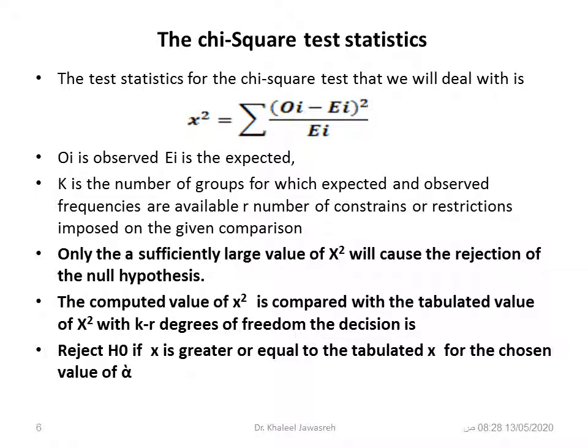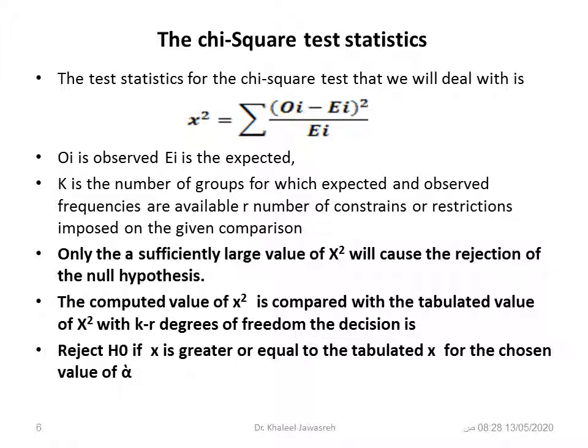The test statistic for the chi-square, which has also been discussed in the classroom, is chi-square, x squared, equal to the summation of (Oi minus Ei) squared over Ei. The Oi here is the observed, and Ei is the expected.